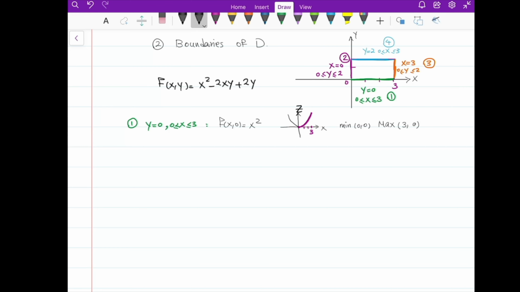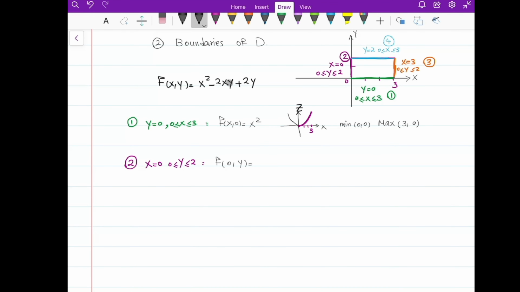For the next one, equation 2, I have x equals 0, y between 0 and 2. So in that case, what is my function? I have f(0, y), and x is 0, so I get 2y. Now, what is the graph of this function? This is just a line, z equals 2y.